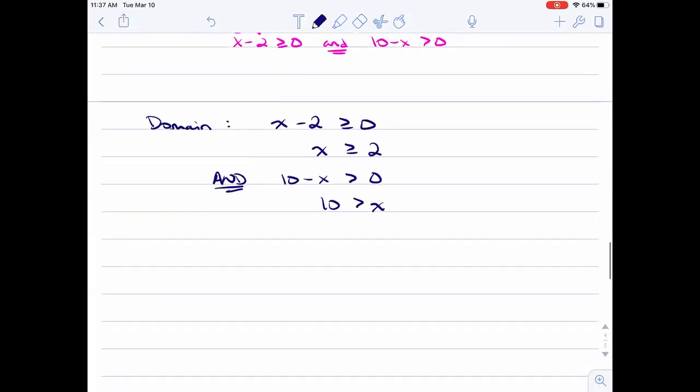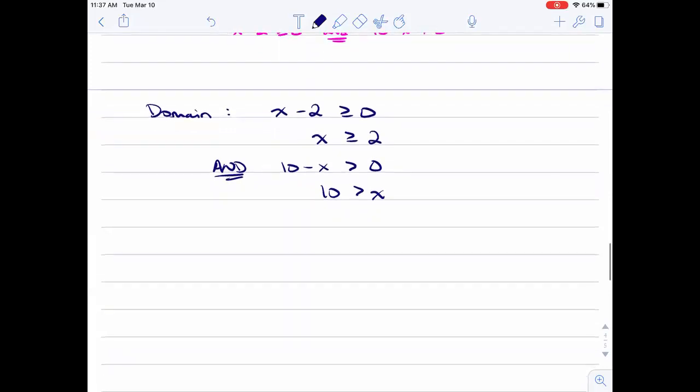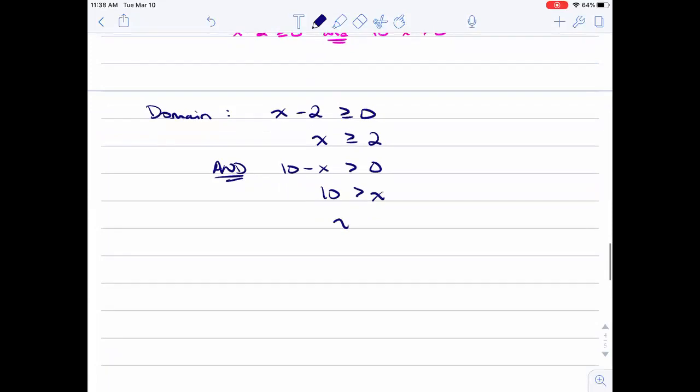And so if x has to be greater than or equal to 2 and x has to be less than 10, right? So just reading or writing these how we read them, right? X has to be less than 10. And you know what? I'll do them on the side. Oh, I didn't want to rewrite that one.